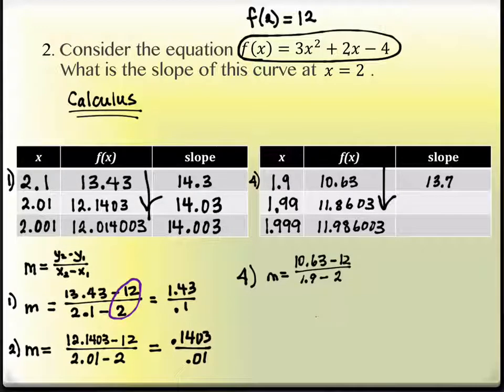That's correct. We have one more, 1.999. What's this one going to be?